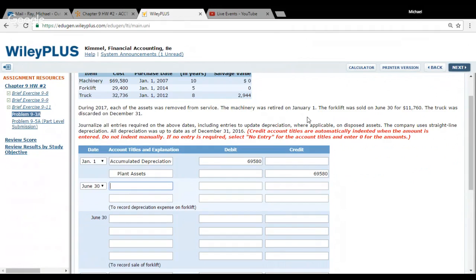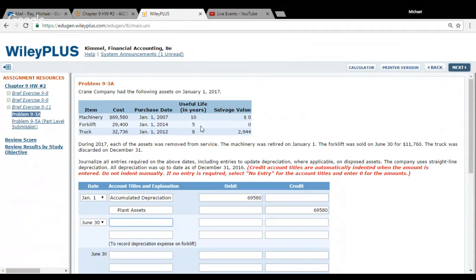We're selling it at the end of June for $11,760. The forklift costs $29,400, and its useful life is 5 years.